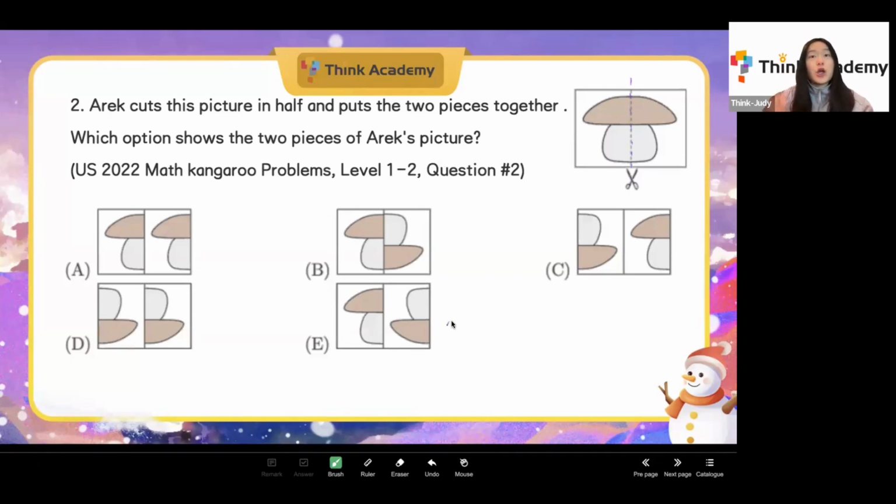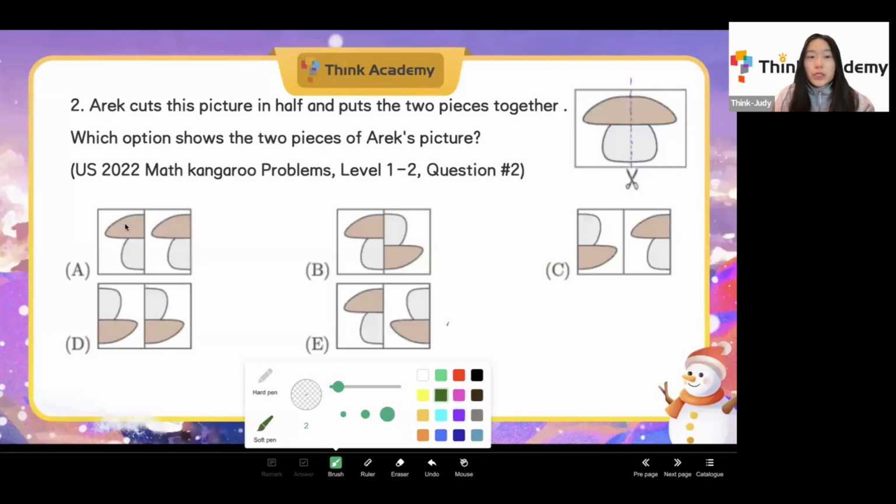So here for this question, we need to use our imagination. We need to think, what if I rotate those pieces back to the original places? Will they be the same as the correct one here? So we can start with the first one. For A here, you can use your imagination, and also, if you're not familiar with that, my suggestion is you can actually cut it out and figure it out. So here for the first one, what can we see?